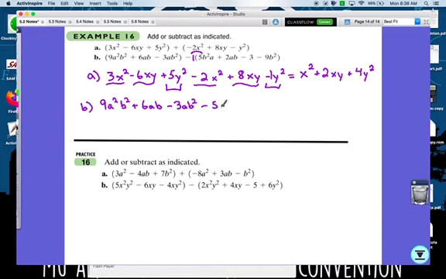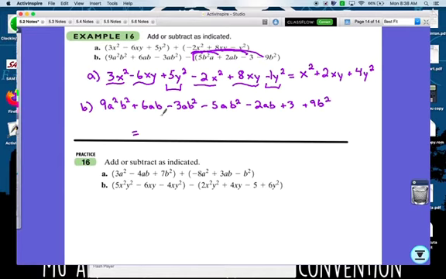I'll go ahead and rewrite it in alphabetical order. So a and then b squared. Minus 1 times the 2ab gives me minus 2ab. A negative 1 times a negative 3 will give me plus 3. And a negative 1 times a minus 9b squared gives me plus 9b squared.